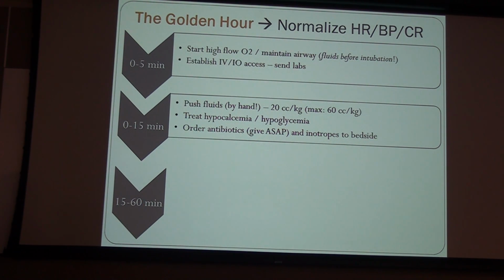Just in case, I don't have a diagram, and you don't have to have a 3-way stopcock to do this, but it's really about getting a good large syringe. Depending on the size of the child, you might not need that much to give 20 cc's per kilo. You're administering that by pushing through the IV.